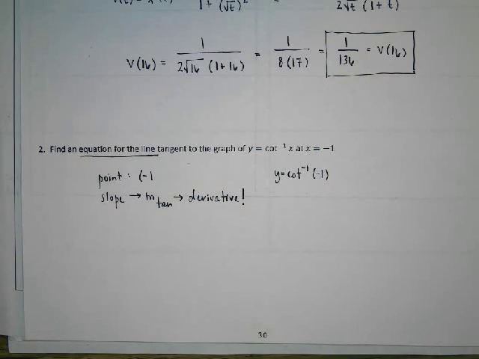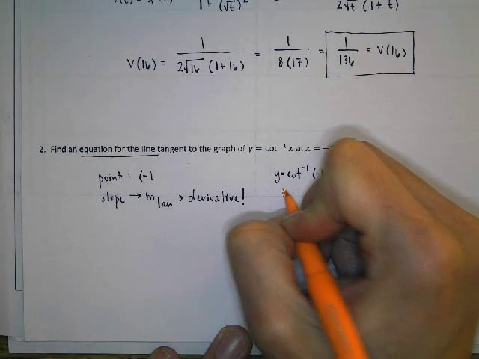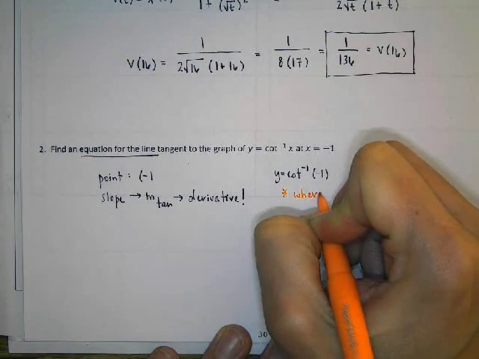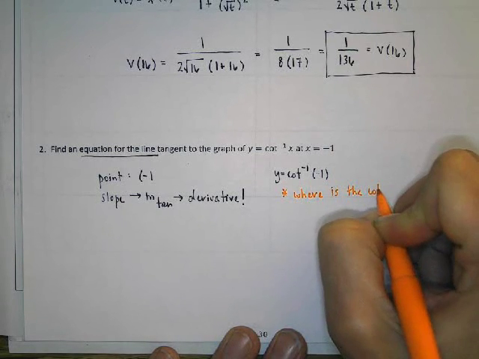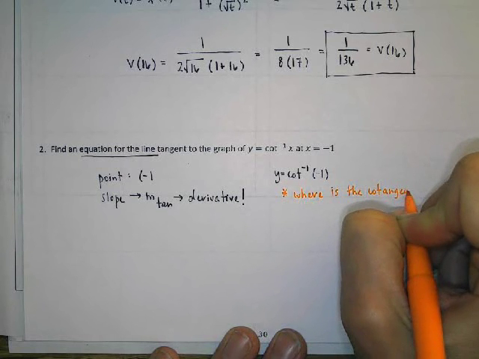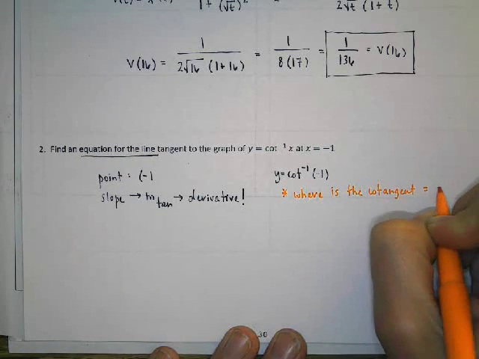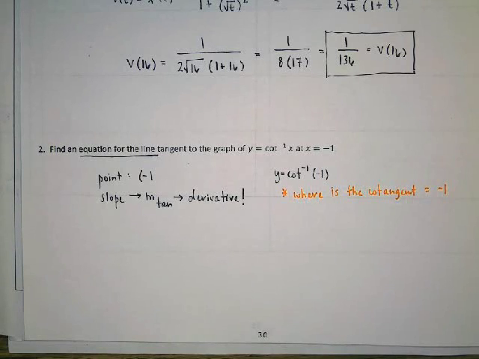And so what this question is really asking is where is the cotangent function equal to -1? At what value is my cotangent equal to -1?